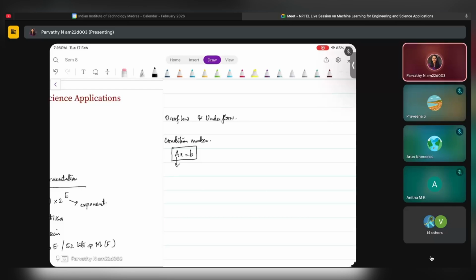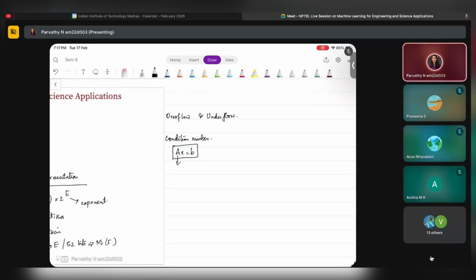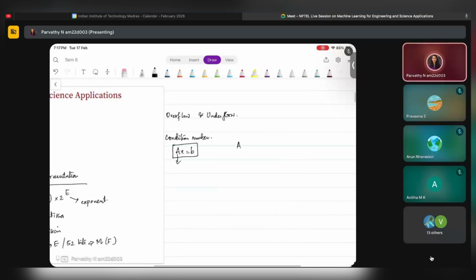So this is something that is important when we come to, for example, the analytical solution of linear regression. I don't know if that video is already covered. In the analytical solution for linear regression, you have an equation in the format Ax = b, and then you have to find x.